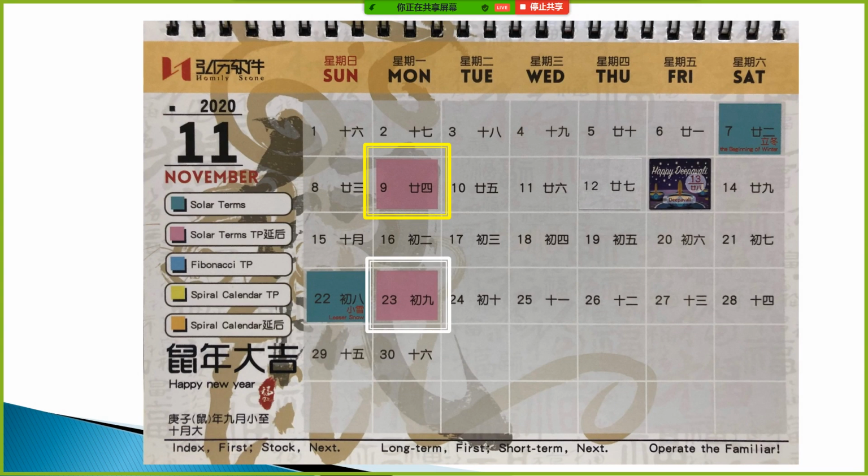According to the lunar calendar, I use the solar terms. I got 2 dates. The first one will be around 9th November, then another one will be 23rd November. For me, I think both are turning points to turn up. They are buy points.